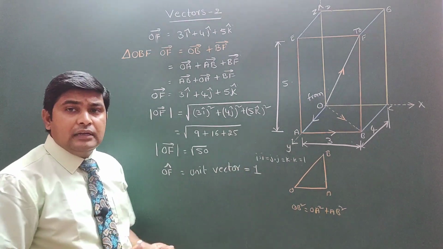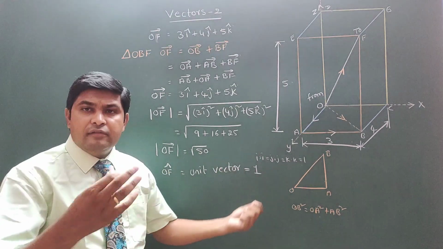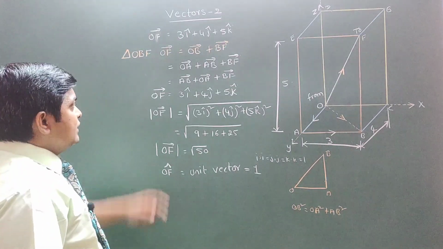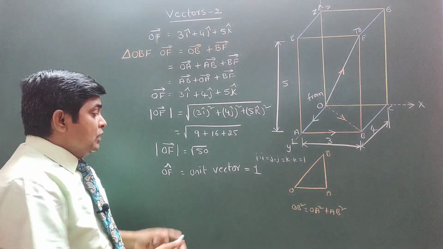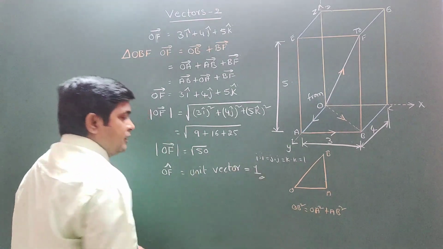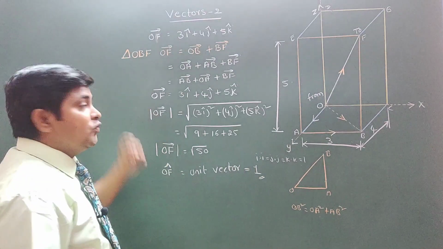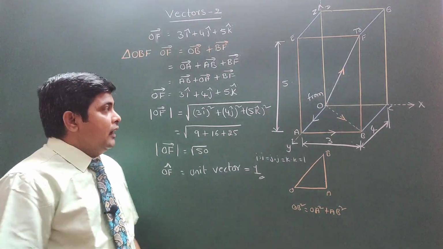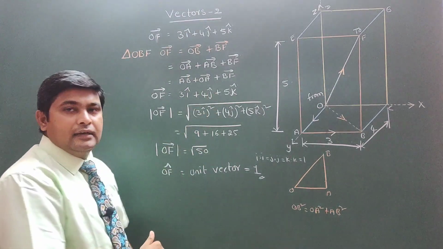How we will come to know that the magnitude of OF cap equals 1, we will do in the next continuation. Here I hope you understand what a 3D vector is. For a 3D vector also you can try how to get the unit magnitude as 1, but I will do it for 2D, so that step by step you get familiar with how I am getting the unit vector.